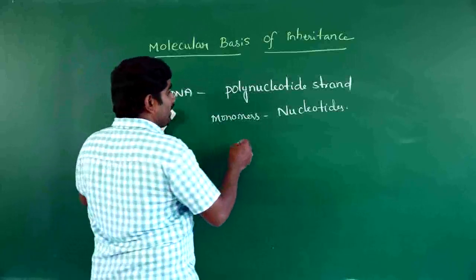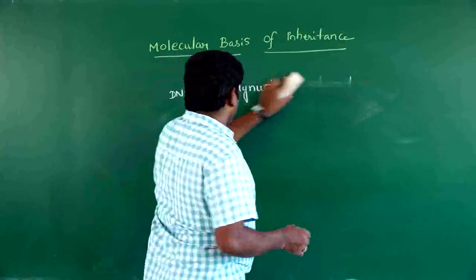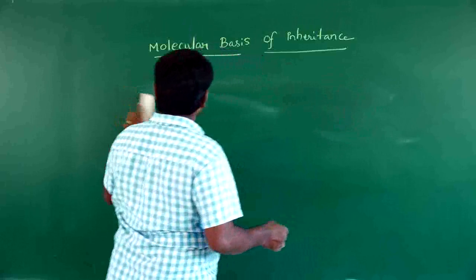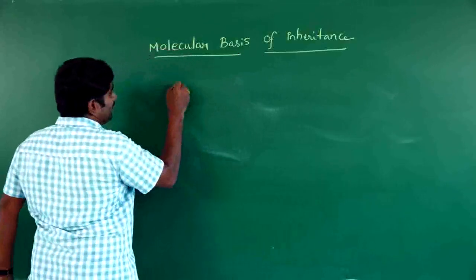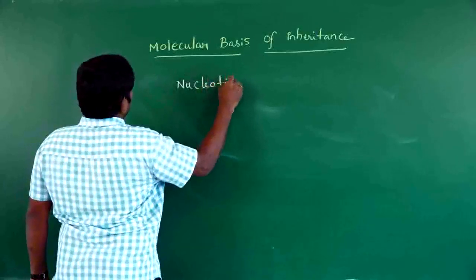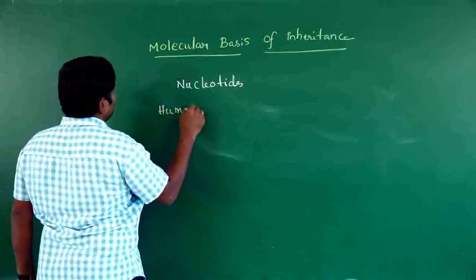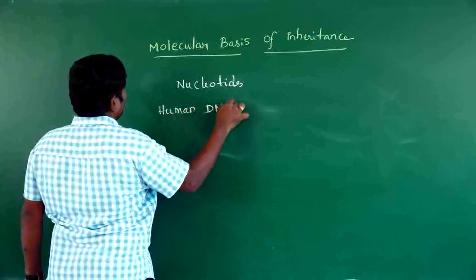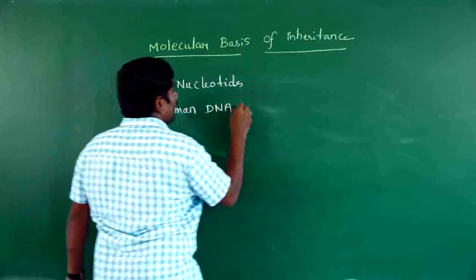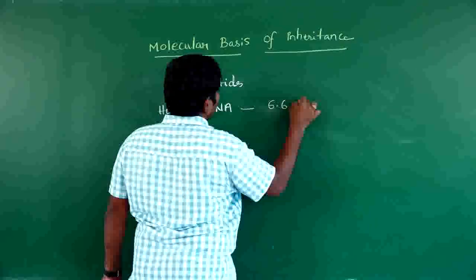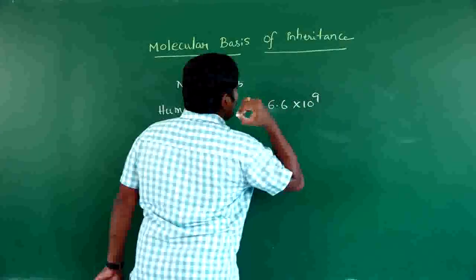For example, if you take human DNA, how many nucleotides are present? Human DNA consists of 6.6 x 10^9 nucleotides.